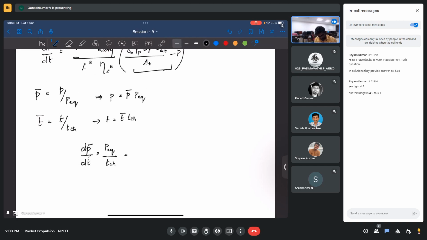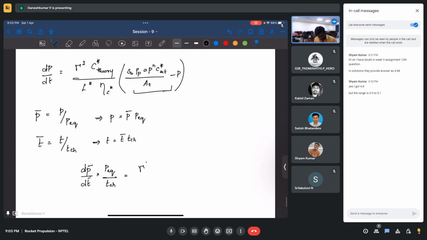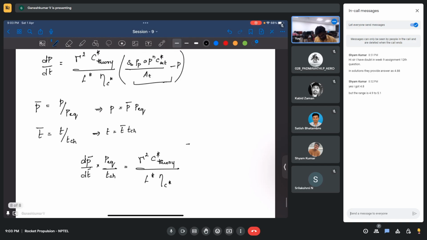It is equal to gamma star theory divided by L star eta C star. The burn rate times P bar to the power n, C star.